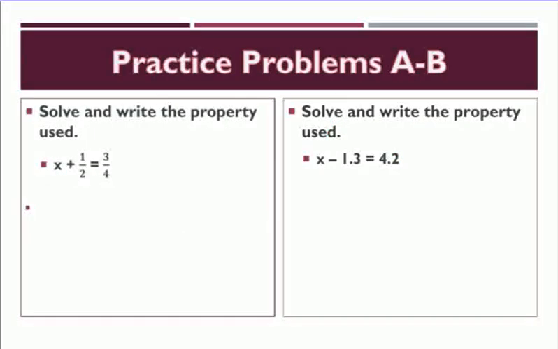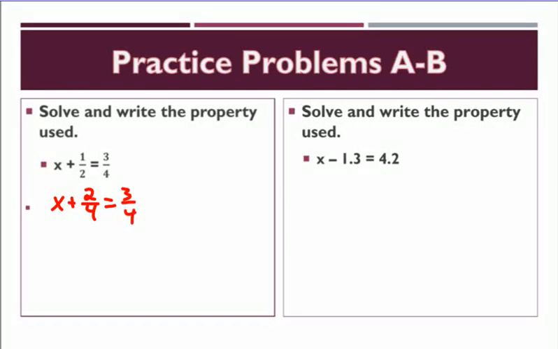A couple other examples here. Solve and write the property used. So now we're going to solve it, but then we have to tell which property of equality we're using. So here, x plus half equals 3/4. Now I know I'm going to be adding and subtracting fractions, so I need to have common denominators. So it's really going to be x plus half and 3/4. The common denominator is 4. So to make half into fourths, that would be the same thing as 2/4.